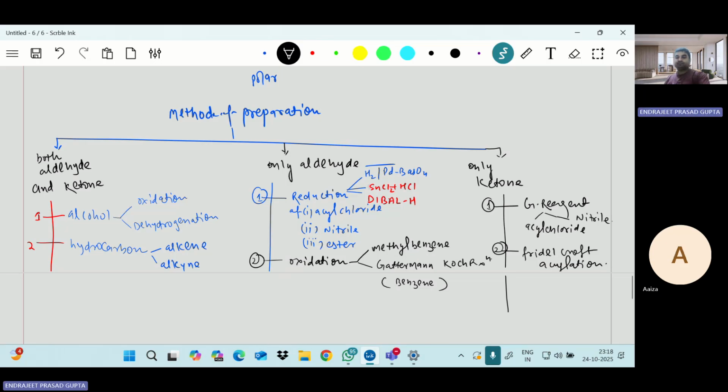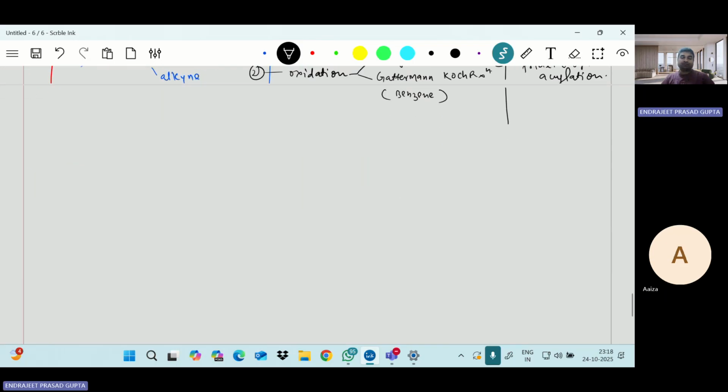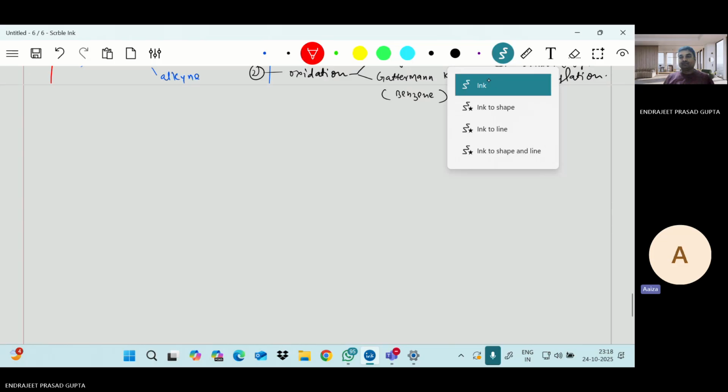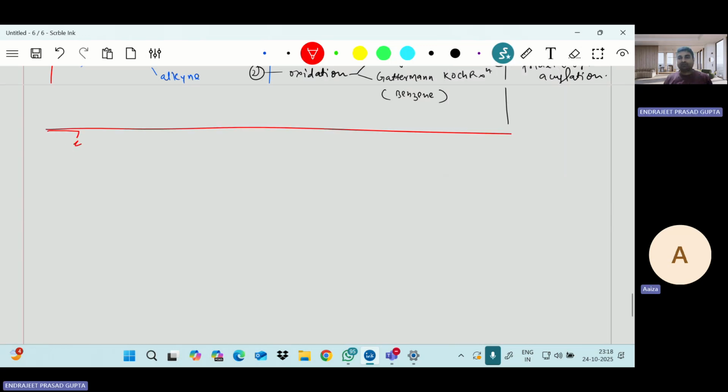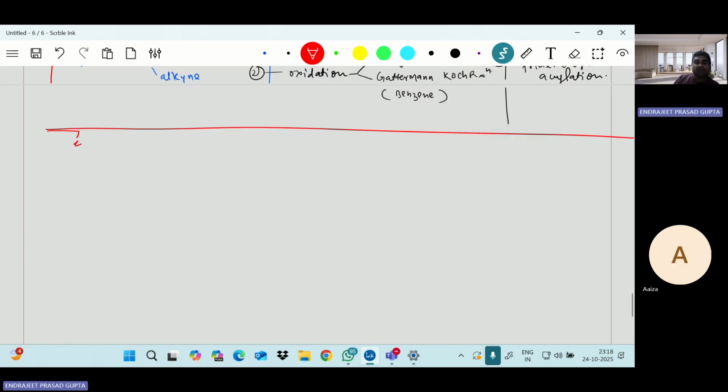Am I clear? So this is the flow chart where you can see the methods of preparation of aldehyde and ketone both. The first one is oxidation.